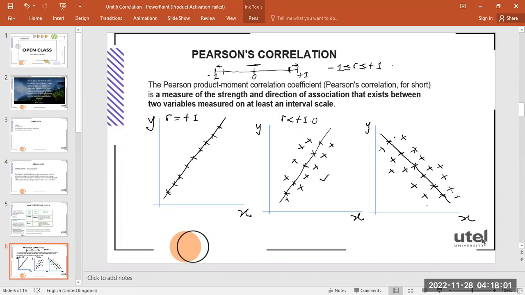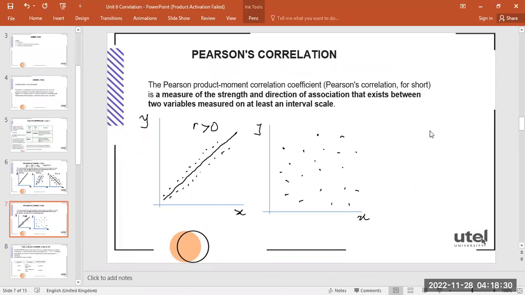In other words, in this case, the value of R is less than 0. So we say that the relationship is negative and indirect and non-perfect in this case. Now let's make progress.